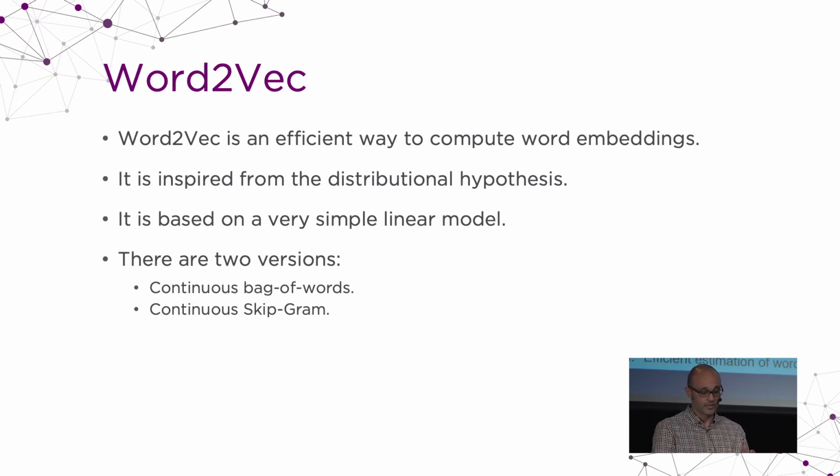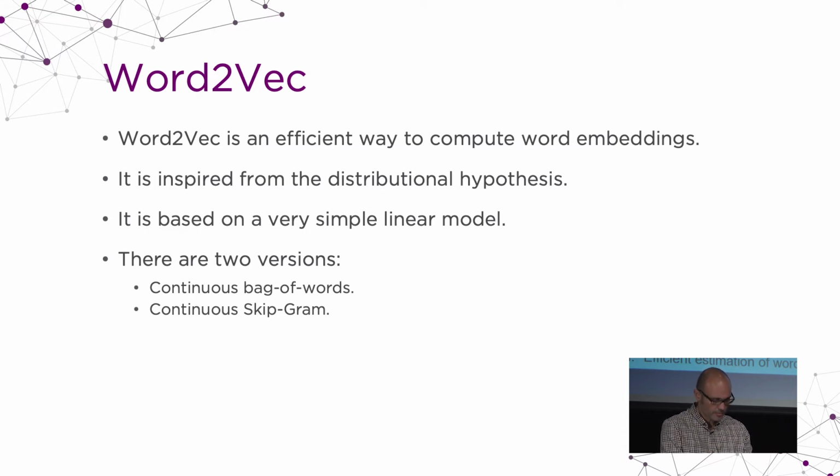Word2vec is really building on top of that to create this useful distributed representation. There are actually two versions of word2vec, continuous bag of words and continuous skip-gram. We will mostly focus on the first one, but I will also give the intuition about the second one.